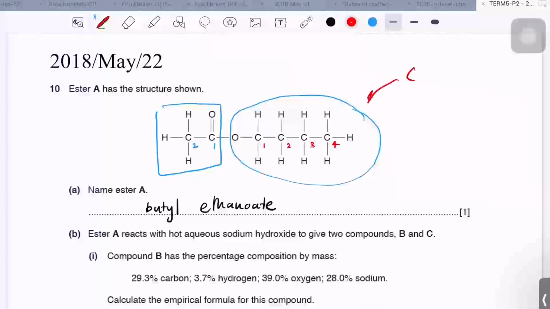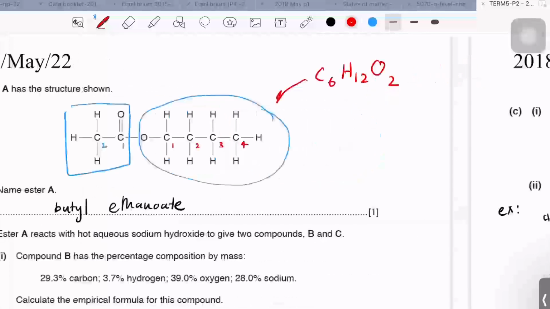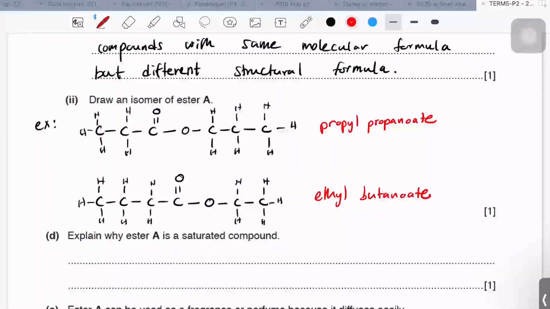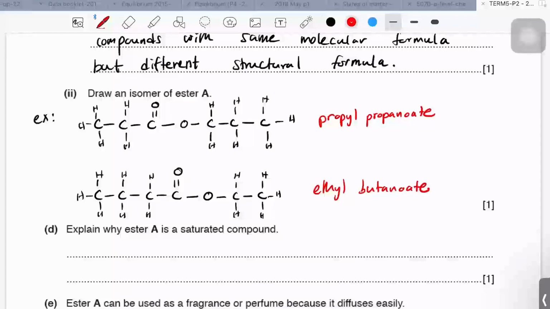These are 6 carbons, 12 hydrogens, 2 oxygens. So isomers should have the same molecular formula but different structure. Both of them have the same molecular formula, C6H12O2. So when you check your answer, check whether there are 6 carbons, 12 hydrogens, and 2 oxygens.